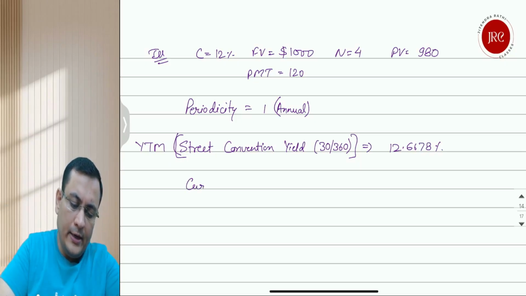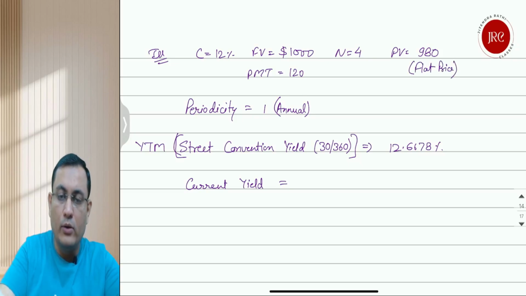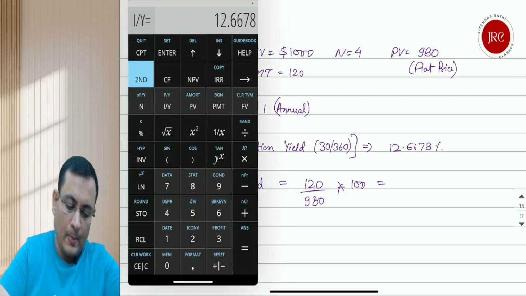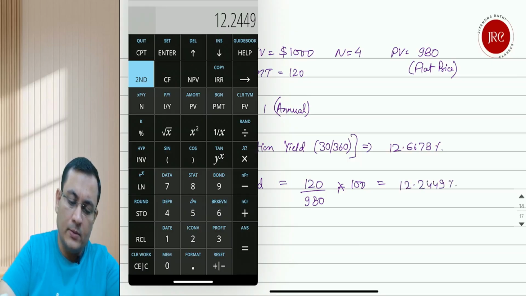What will be the current yield? Let's say we are doing it on flat price, so there is no accrued interest. We are doing this work on the coupon payment date only. So current yield will be 120 over 980 multiplied by 100, which gives you 12.2449%.